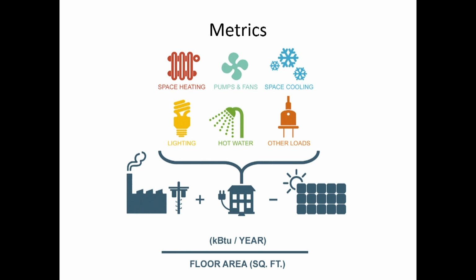The way to think about this is, it's like miles per gallon or kilometers per liter. It's a measure of how far I get to go on a given amount of energy.